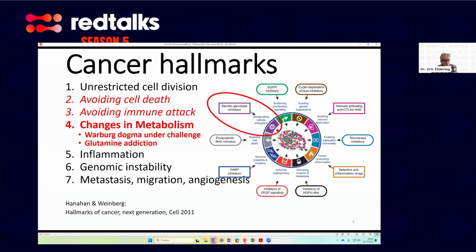Okay, we'll continue. I was talking about this slide where the changes in metabolism have been studied for a very long time, and especially with a phenomenon that's called the Warburg effect or the Warburg dogma in cancer metabolism.